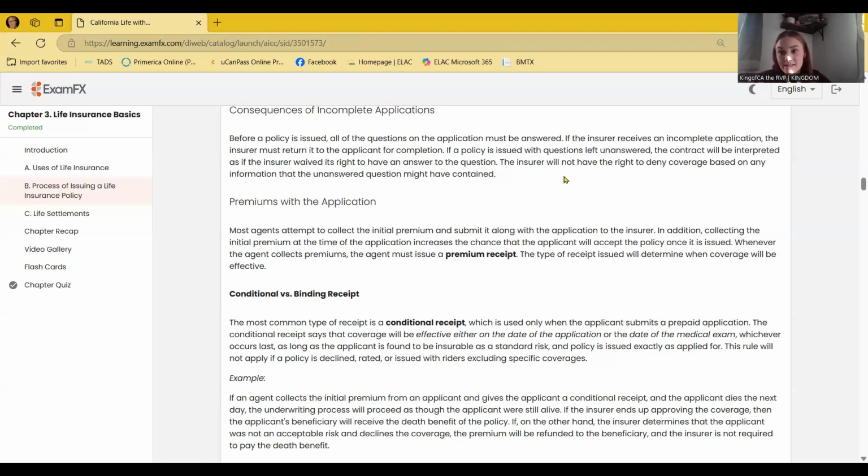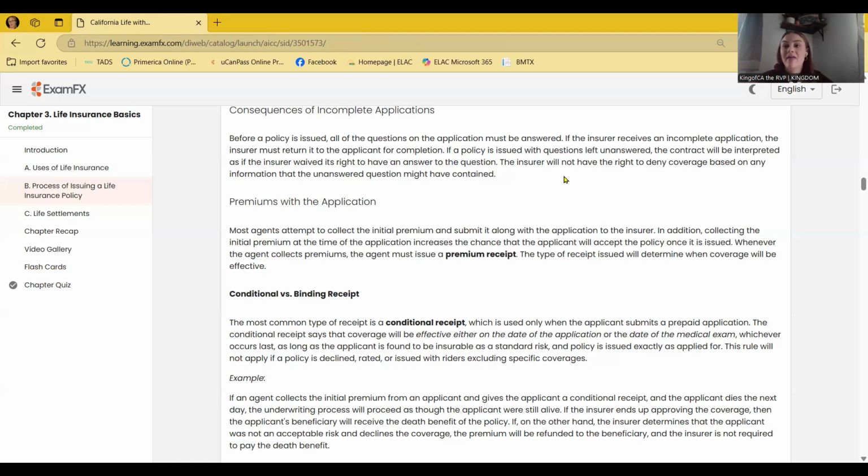This will be on your test in probably one question, okay? So if it is not filled out to the best of its ability, the first option that they are going to take is sending it back to the agent to get it completed.